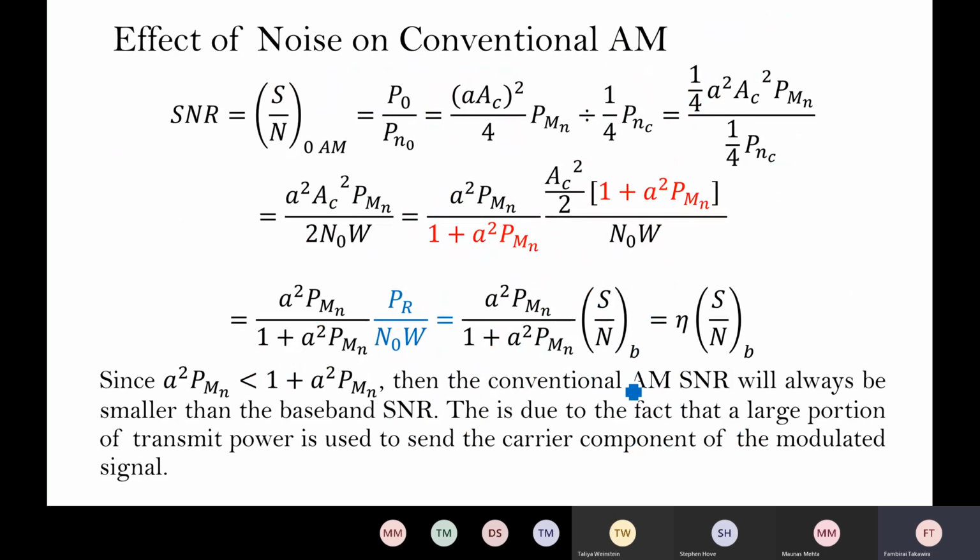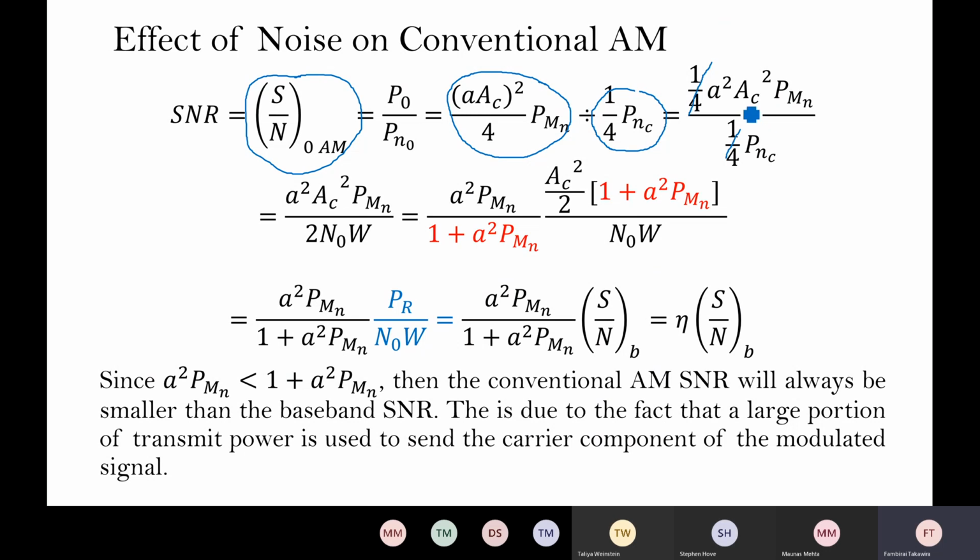So essentially, the signal to noise ratio at the output can be written as the power of the desired signal component divided by the power of the noise component. This 1/4 would cancel with this 1/4, and we end up with small a squared A_c squared times P_mn divided by P_nc.